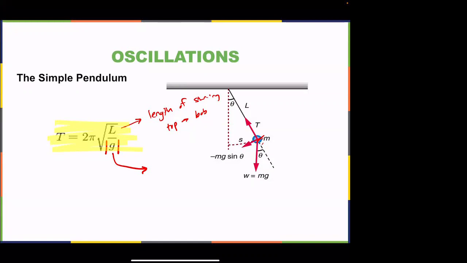So make sure that this is the magnitude of g. And make sure this L is in meters. So make sure you make a note of that for when you do the lab.